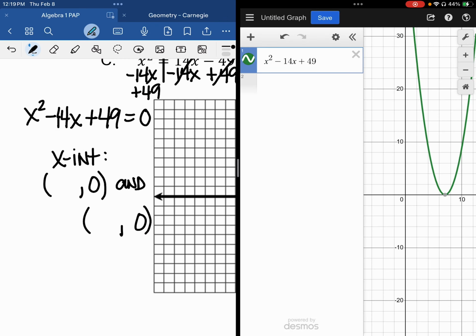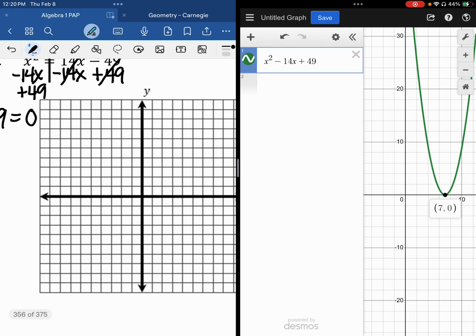I'm going to squeeze it over, and I'm going to erase this because there's not an "and" situation this time. There is only 1 intercept. 1, 2, 3, 4, 5, 6, 7. There it is, and my graph looks something like this. Oops, hold on.